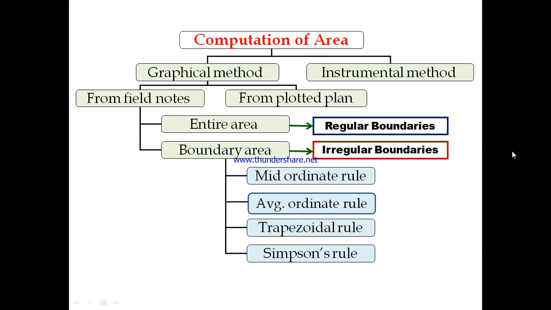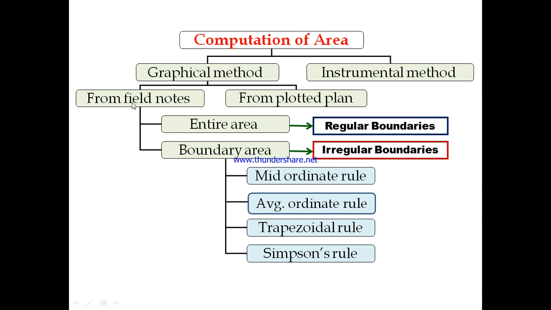So let's start. Before going to the details of each method, let us comprise these methods into a flow chart, where computation of area can be divided into graphical method and instrumental method. For the instrumental method, I have already told you that the instrument used for computation of area is the planimeter. Now in the graphical method, either we can measure the area from the field note, or we can measure the area from the plotted plan.